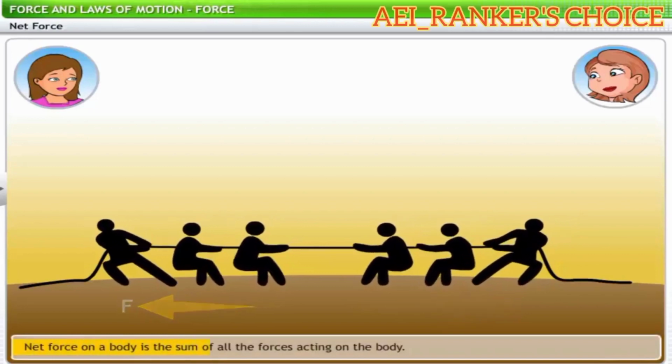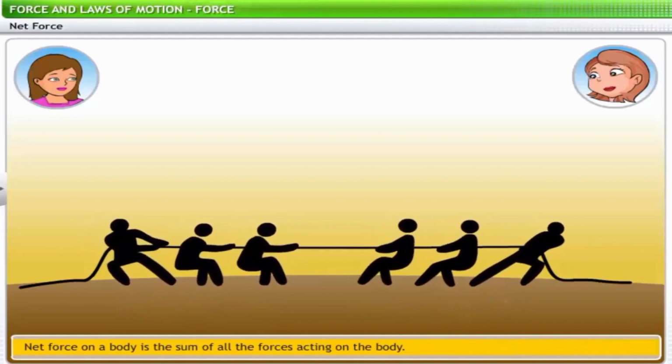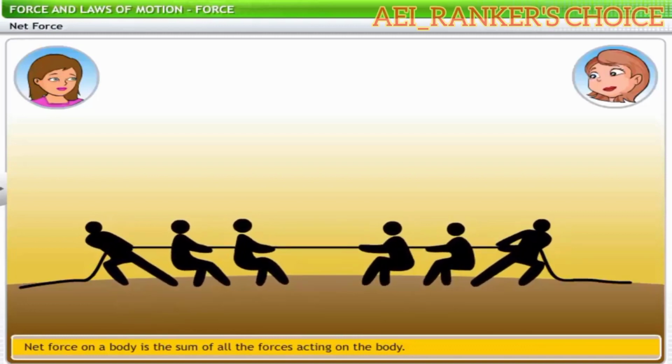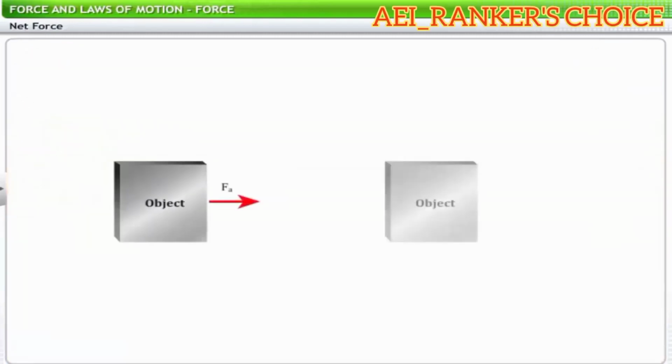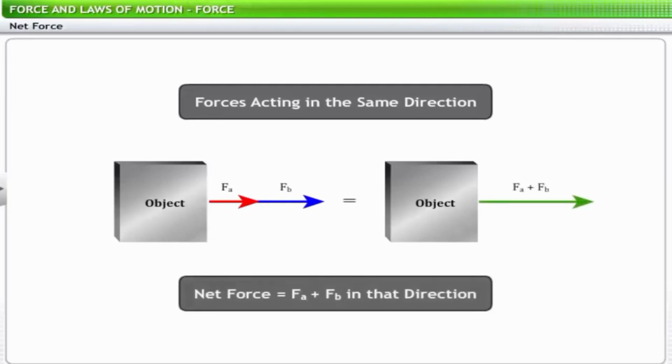Net force is the sum of all the forces acting on the body. The magnitude and direction of the net force on the body depends on the magnitudes of the individual forces and their directions. If two forces, Fa and Fb, act in the same direction on a body, then the net force, Fa plus Fb, acts in that direction.